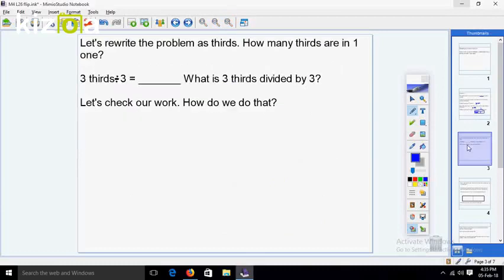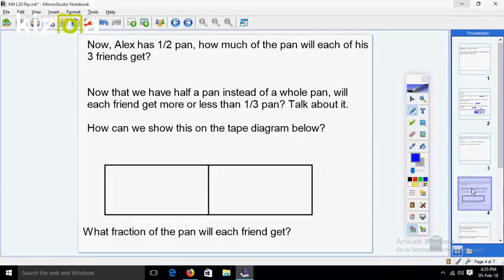Let's go on to... no, we're not going to do this. All right, let's go on to this one. Now, Alex has a half a pan. All right, so we started with 3 pans, then we went to 1 pan. Now he only has a half a pan. So how much of the pan will each of his friends get?